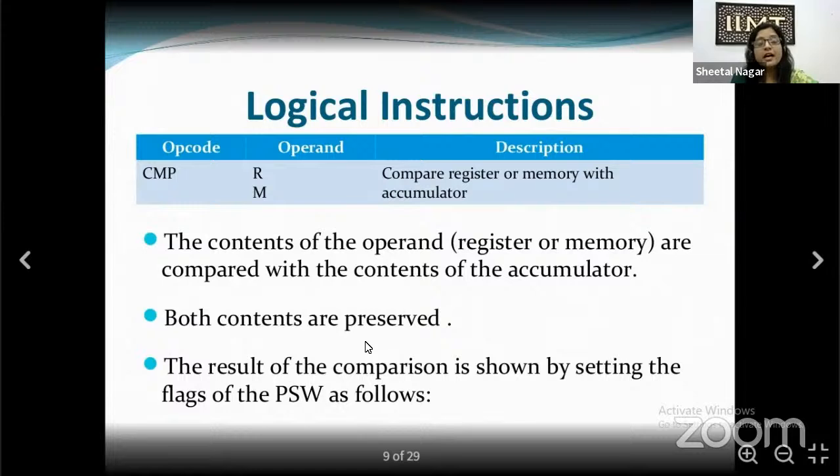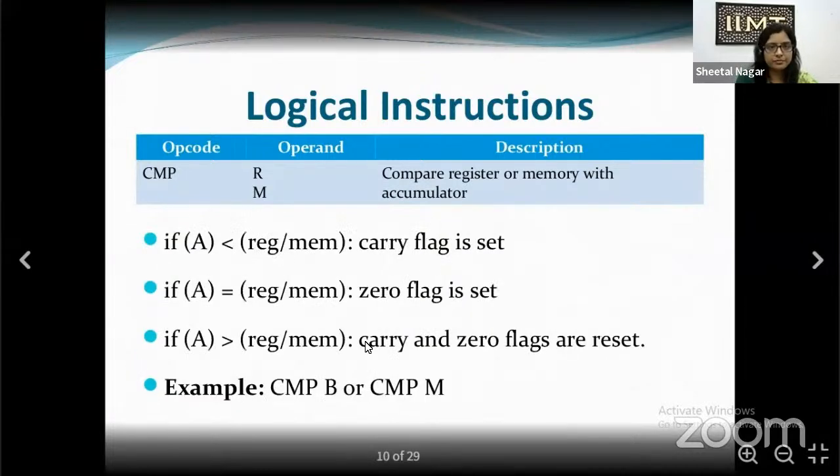Both contents are preserved, meaning no change in the content of the general purpose register and in the contents of the accumulator also. The result of the comparison is shown by setting the flags of the flag register as follows.